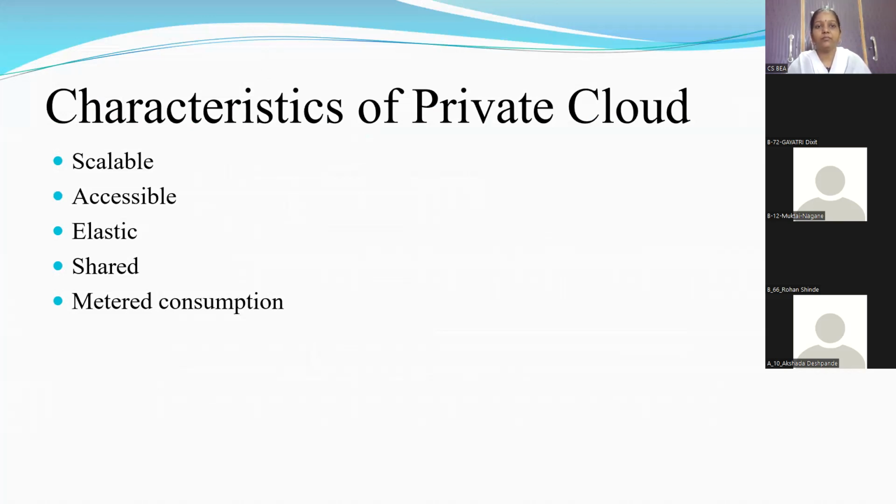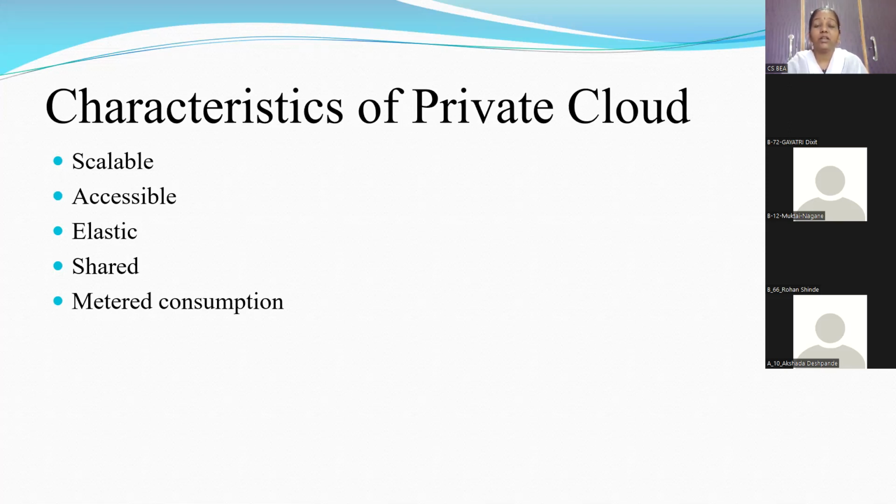So scalability is in terms of the storage of the data on your clouds. Accessibility is giving access to all the material or all the data present on your clouds, and giving different kinds of access to different users. That is nothing but the accessibility.